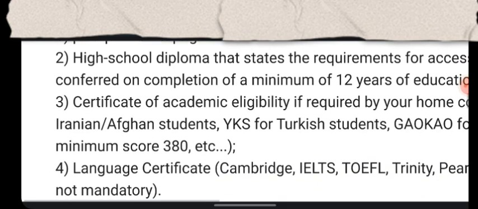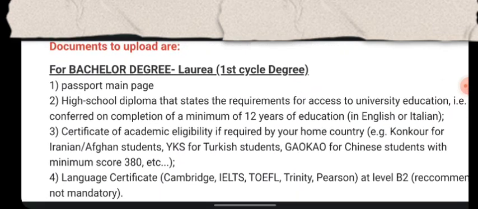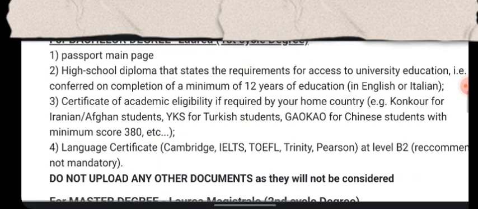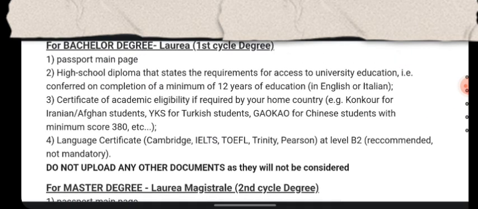Also, you need to provide a certificate of academic eligibility if required by your home country, e.g. Conformity for Iranian or Afghanistan students. Okay, and also for Chinese students, they have this Gaokao certification that they also need to provide. You also need to provide language certificates if your language of instruction was not English, though this is recommended but not mandatory.